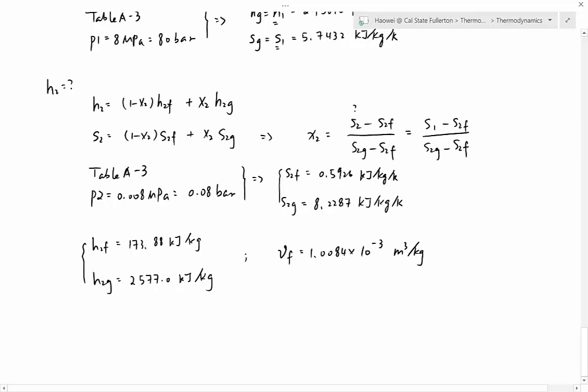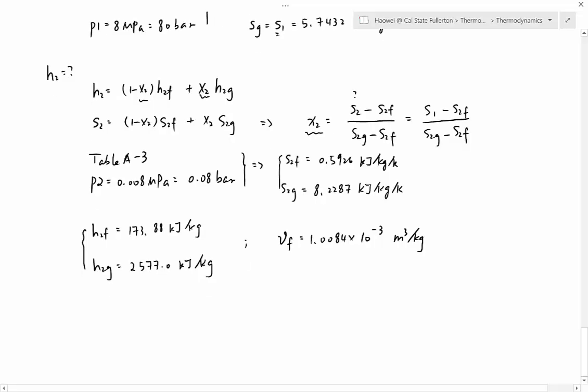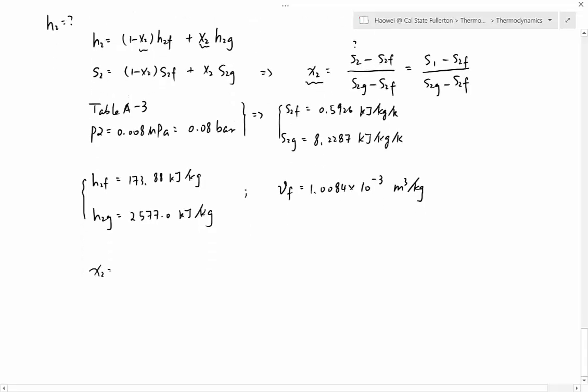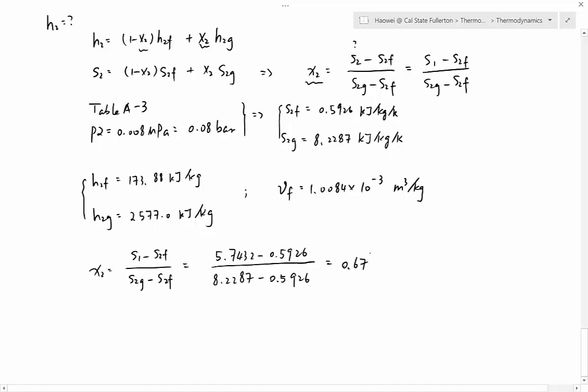Alright, so now I can find x2 first, and then after I find x2, I go back to this equation and find h2. Let's start from x2. We plug in the numbers. The solution for quality is 0.69.